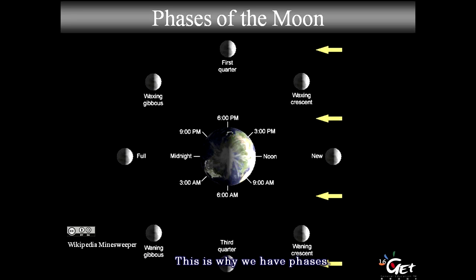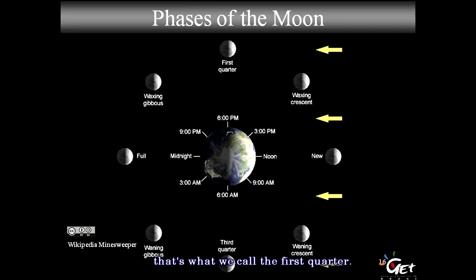This is why we have phases. So this is the Earth, this is the moon turning around the Earth, and the sun is over there, so you have light coming from the sun. What's happening is when the moon is between us and the sun, the side that is lit is away from us, so we see it dark. That's what we call the new moon. When the angle of the moon, the sun and Earth is 90 degrees, you see only half of the moon lit up.